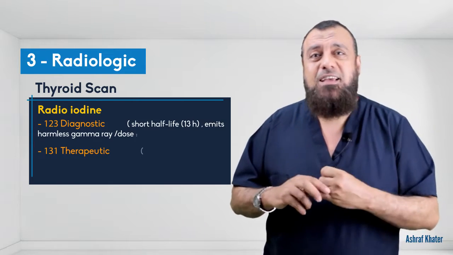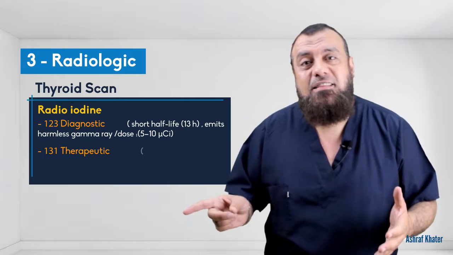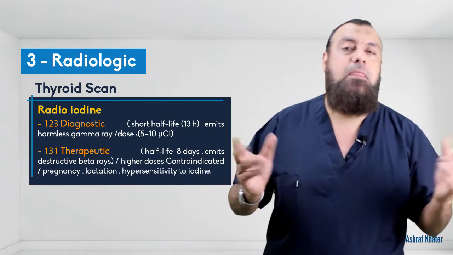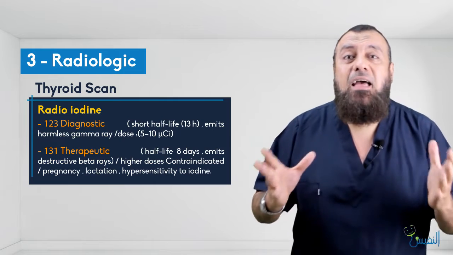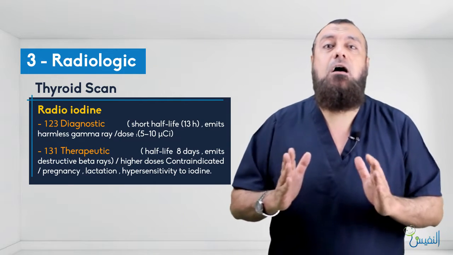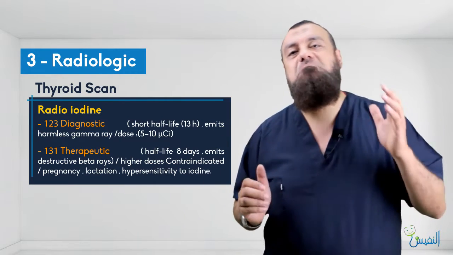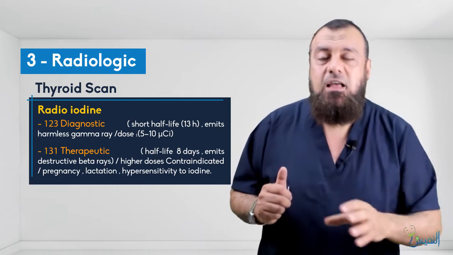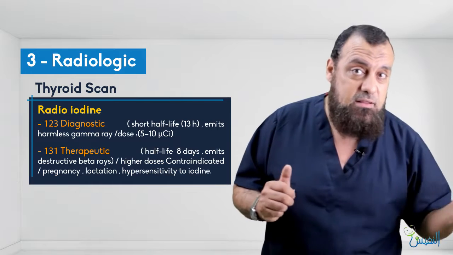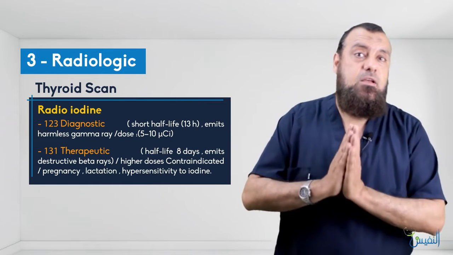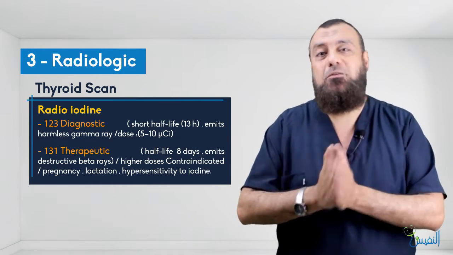The 123 is diagnostic and the 131 is therapeutic. How? 123 usually emits gamma irradiation, which is harmless for the gland, so it is mainly used for diagnosis, and the half-life is shorter than 131. Half-life is shorter, so it is mainly used for diagnosis.